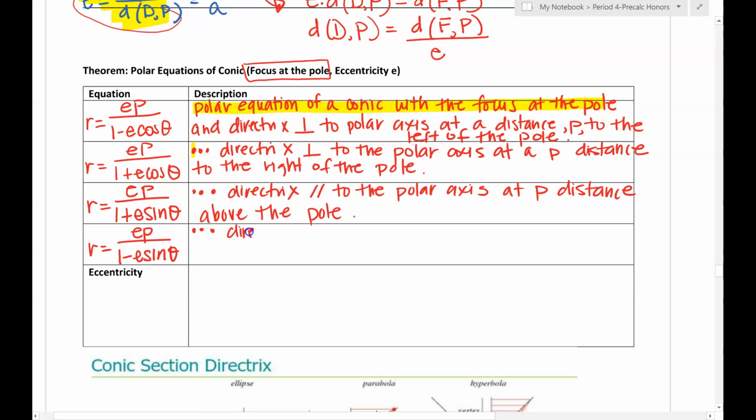The directrix for this one, since it's sine, is still going to be parallel to the polar axis at P distance below the pole.